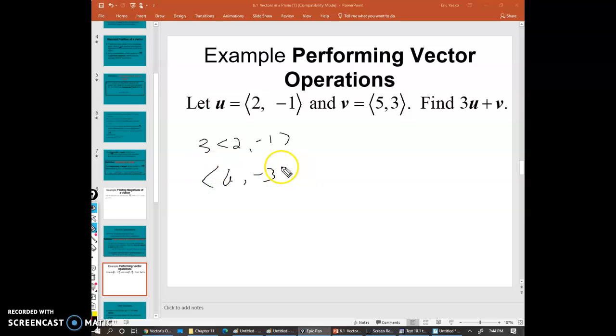So you have <6, negative 3>, and you're adding it to vector v, which is <5, 3>. We did the scalar multiplication part. Now we have to do the addition of these two vectors. So you just add the two components. You add the 6 with the 5, because that's the x component of the vector, and you add the negative 3 with the 3, which is the y component of the vector. So you end up with <11, 0> in the end.